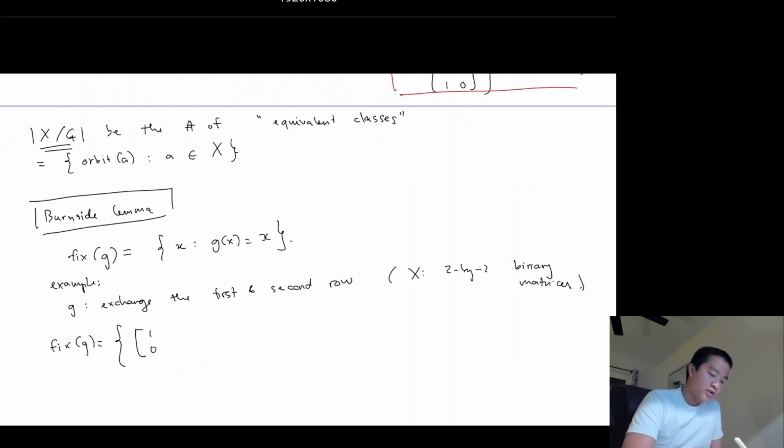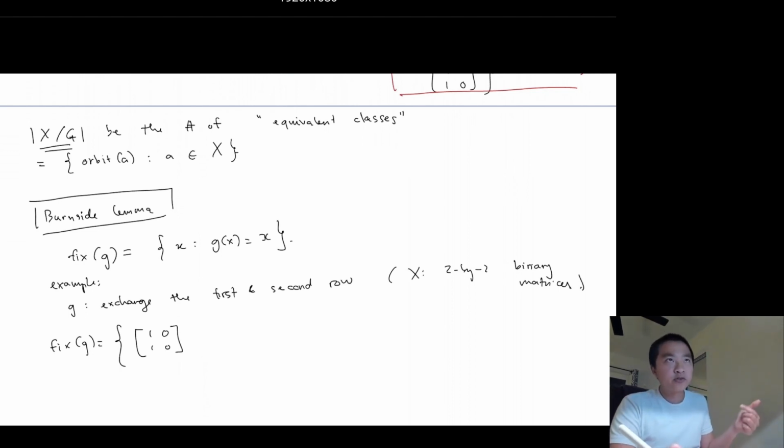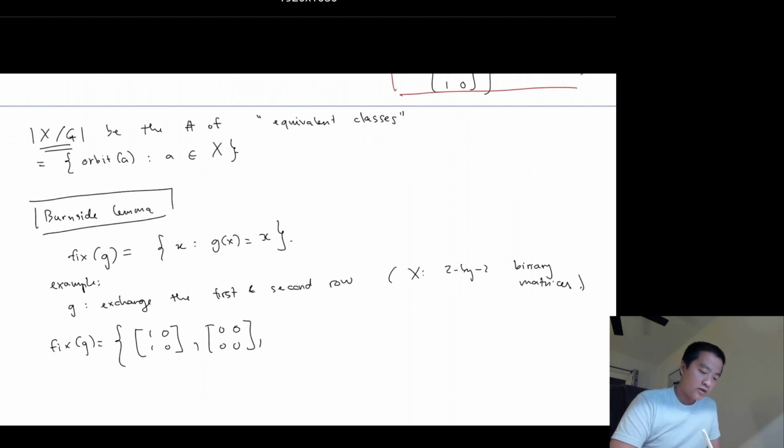For example, this matrix, 0, 1, 0, 1. If you swap the two rows, you get the same element. Similarly, 0, 0, 0, 0, and 1, 1, 1, 1.